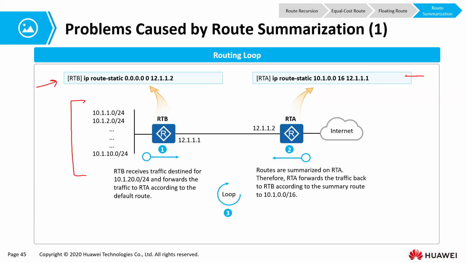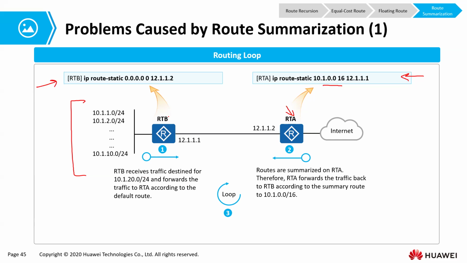Then we have a static route configured here using route summarization, so they've summarized my routes into this route. So what happens if RTB receives traffic destined for 10.1.20.0 and forwards the traffic to RTA according to the default route? Perfect example, this one.